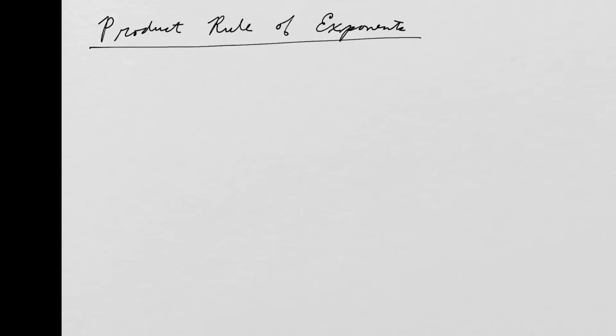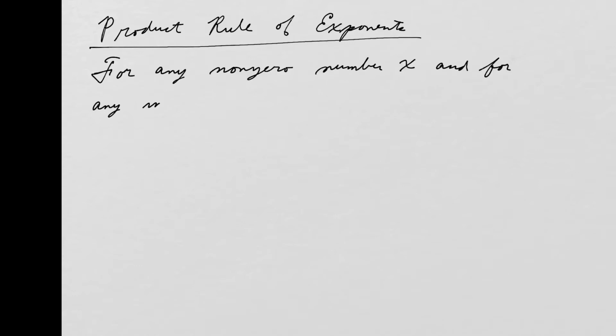So what this says, for any non-zero number x, and for any integers a and b, if I multiply x to the a times x to the b, so if I have two powers and the bases are the same, right?